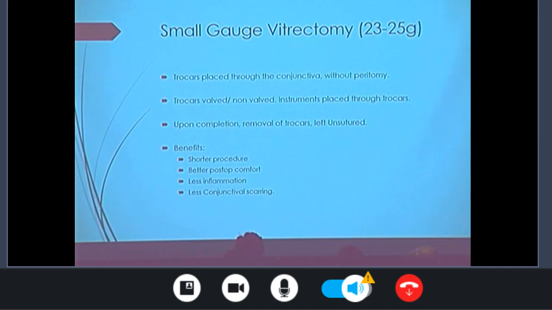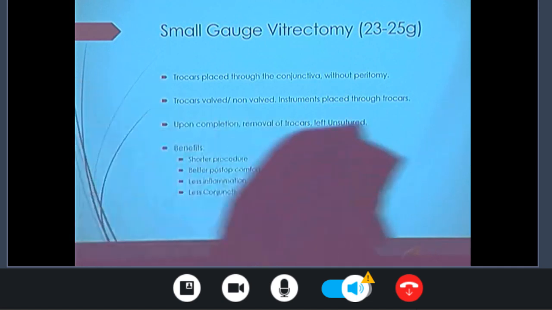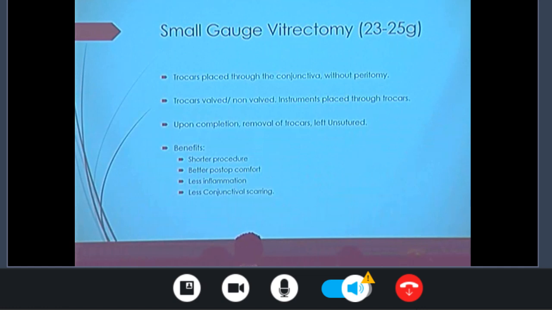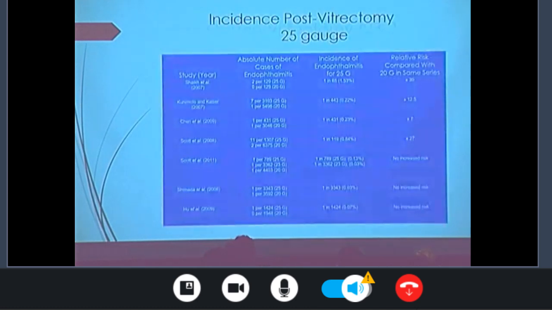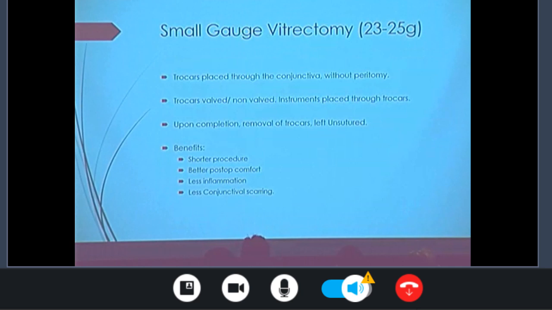Now, the potential advantages of small gauge vitrectomy, I'm talking about 23 and 25, but more recently 27 has also been developed. The benefits of a smaller incision are that tentatively this is a shorter surgical procedure, because we don't have to perform peritomies and then close them.